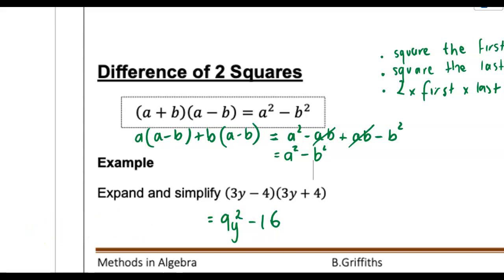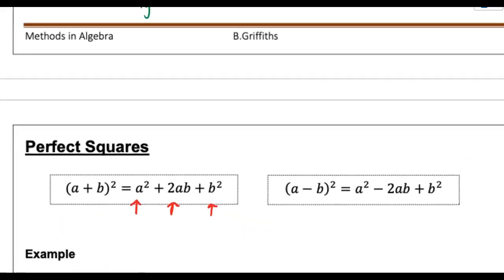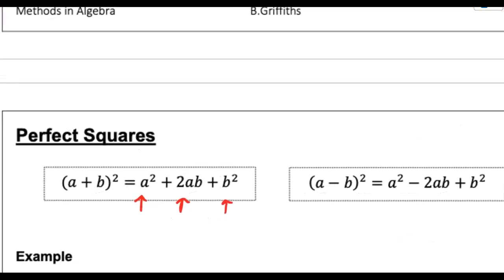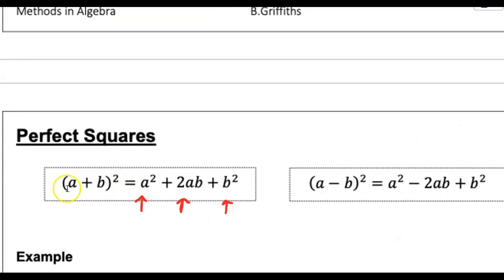Okay, so if we go down and have a look at perfect squares, this is just going back over what I talked about a couple of questions up above, the quick way to expand something. So when I have a plus b squared, what I basically have is a plus b times a plus b. Remember, up above we split the brackets, but I said there was a shorthand way, and I wrote it in words.